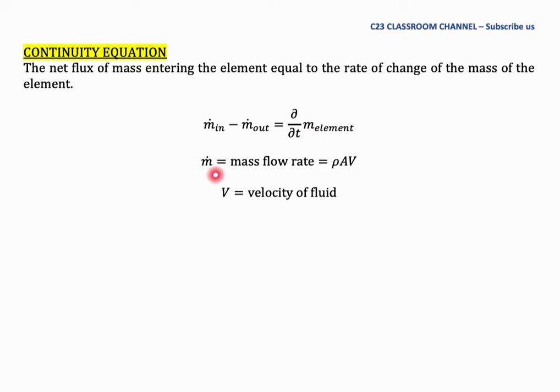Mass flow rate is written as m dot, and the equation to calculate it is rho A V, where rho is the density of the fluid, A is the cross-sectional area, and V is the velocity of the fluid.